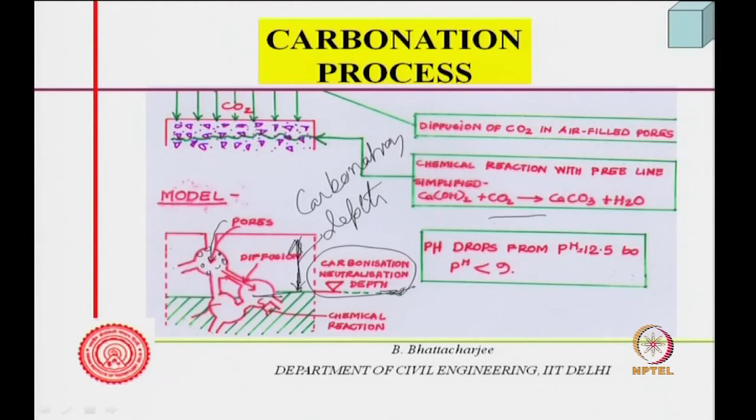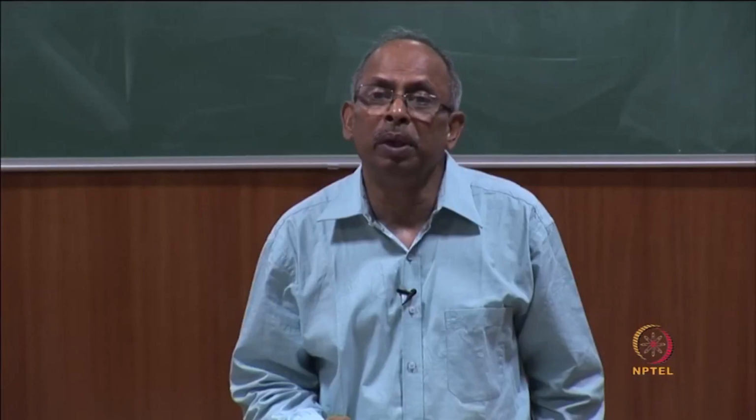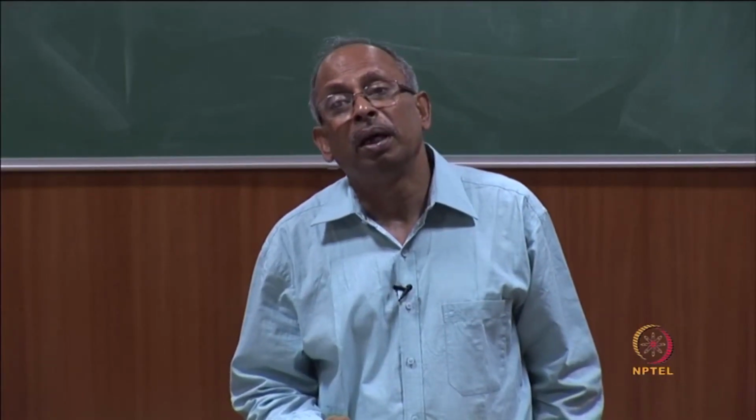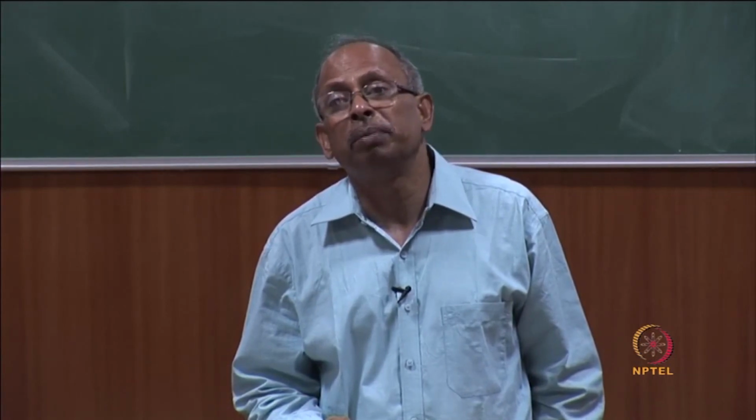Now, if it is a fully submerged concrete, moisture will be available, but carbon dioxide concentration will be very low in dissolved water. And if it is a fully dry concrete, reaction will not proceed, although all the carbon dioxide is there. So, this occurs only at a certain relative humidity. Now, if you remember, when we talked of carbonation shrinkage, around 55% relative humidity carbonation shrinkage was maximum.